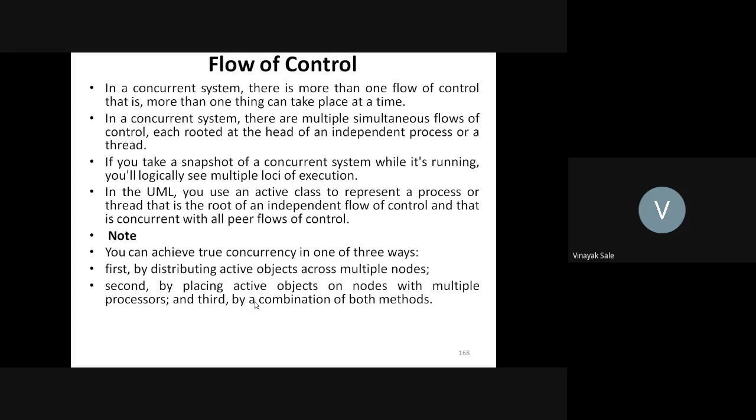If you take a snapshot of a concurrent system while it's running, you will logically see multiple loci of execution. So in the UML, an active class represents a process or thread. That is the root of an independent flow of control, and that is concurrent with all peer flows of control.